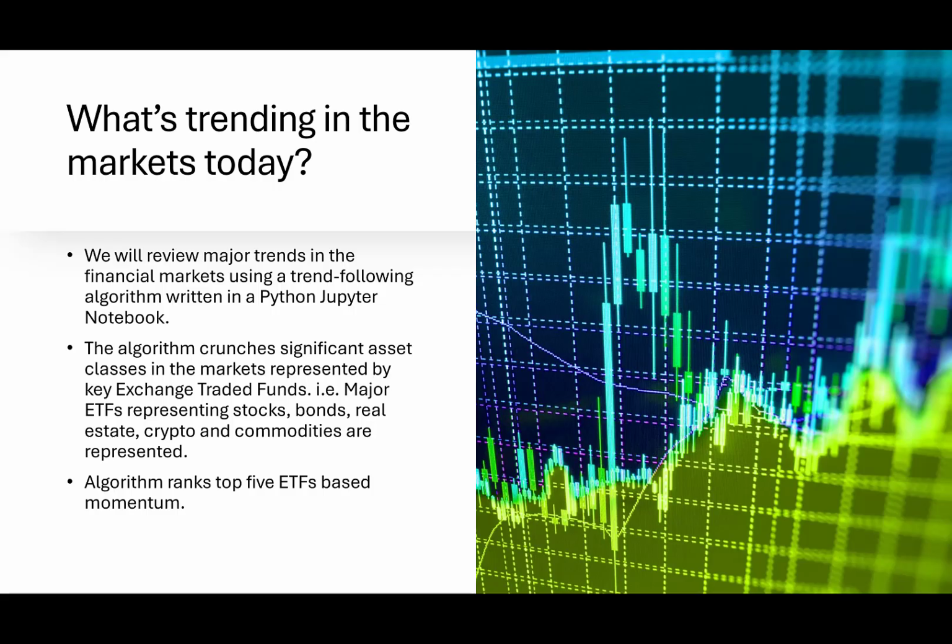And what my algorithm will do is that it will rank the top 5 ETFs based on momentum. And with that in mind, you are then able to take these trend numbers and trend rankings and compare them with geopolitical events so that we can have a very clear idea of what's actually happening to the financial markets right now.